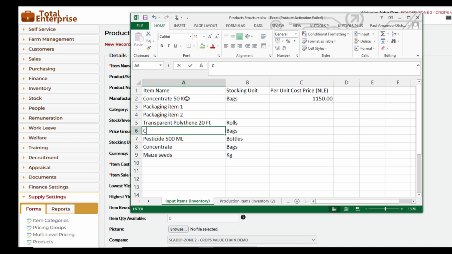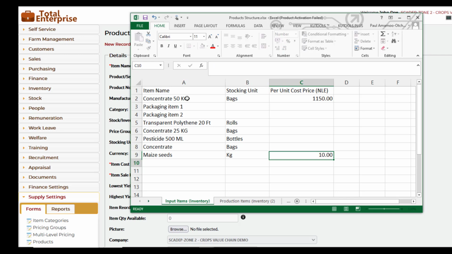This is where I had concentrate 25 kg. So here I can have a per unit cost. For this particular farmer, because he sells by weighing, maybe he has a price like 10 new leons per kg. That's the only time when you are setting up your product structure this way.